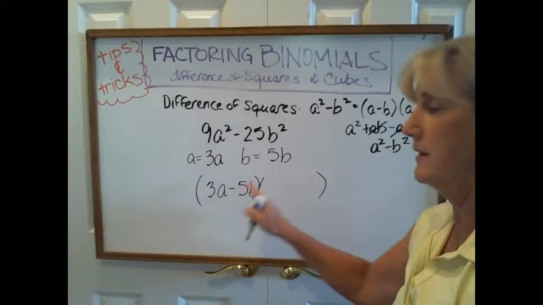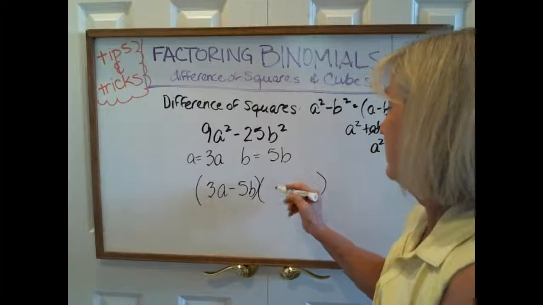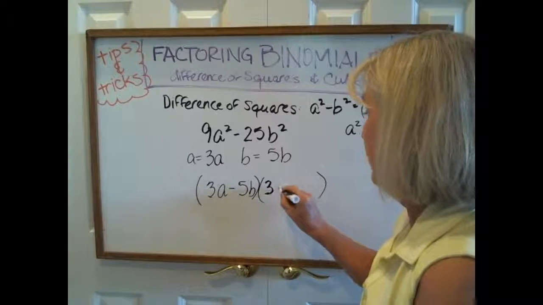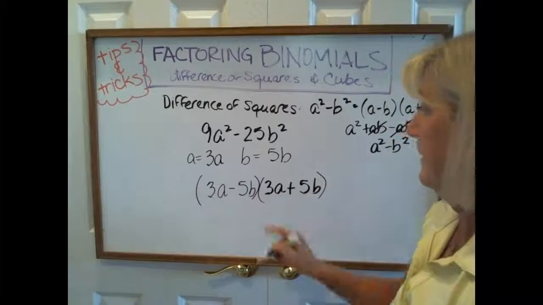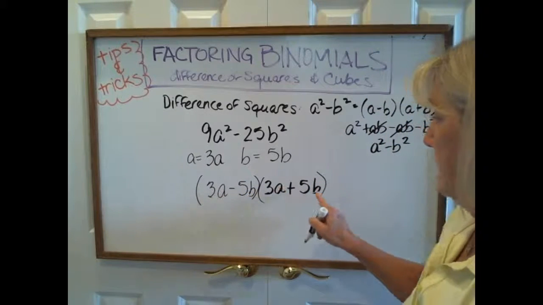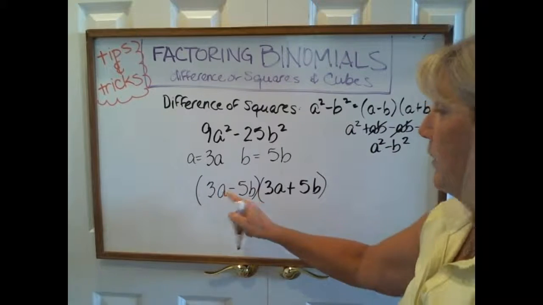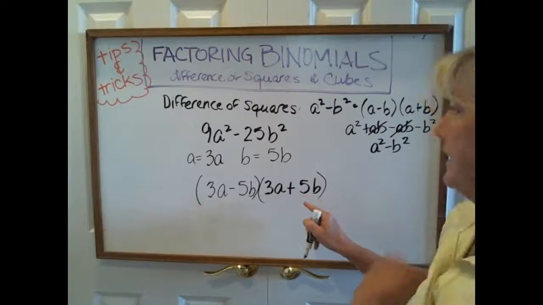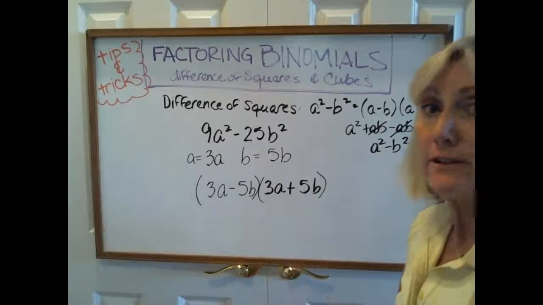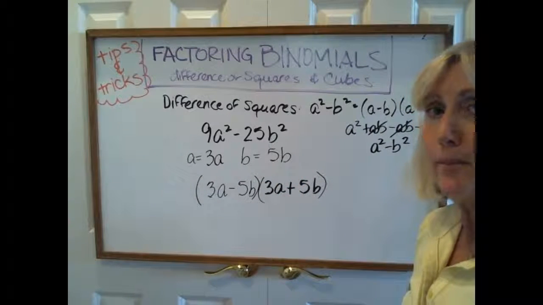All that matters is that they're different, and then 3a plus 5b. So it could be 3a plus 5b times 3a minus 5b. So that's how that factors. That's my first example.